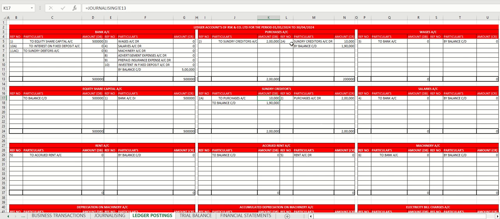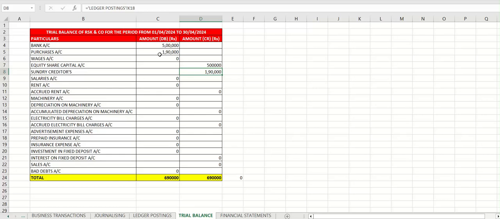If you take a look here, for the purchases account, what is the balance reflected over here? 1,90,000. And for the sundry creditors, what is the balance reflected? 1,90,000. So we have updated 1,90,000 against purchases and 1,90,000 against sundry creditors.